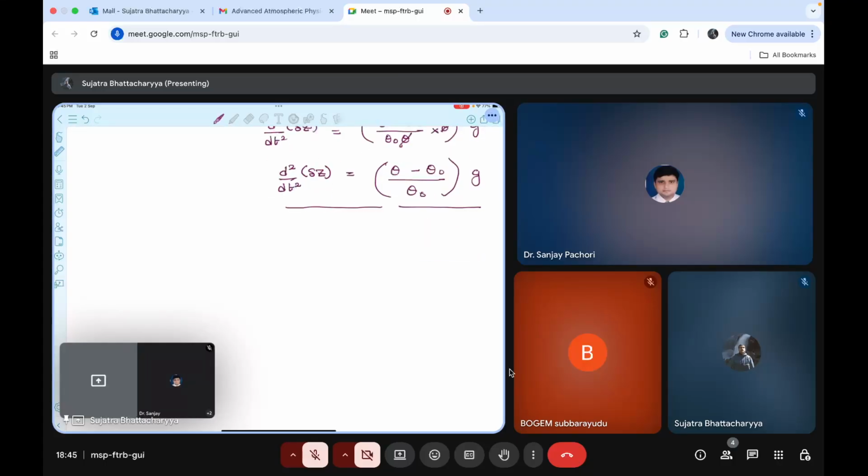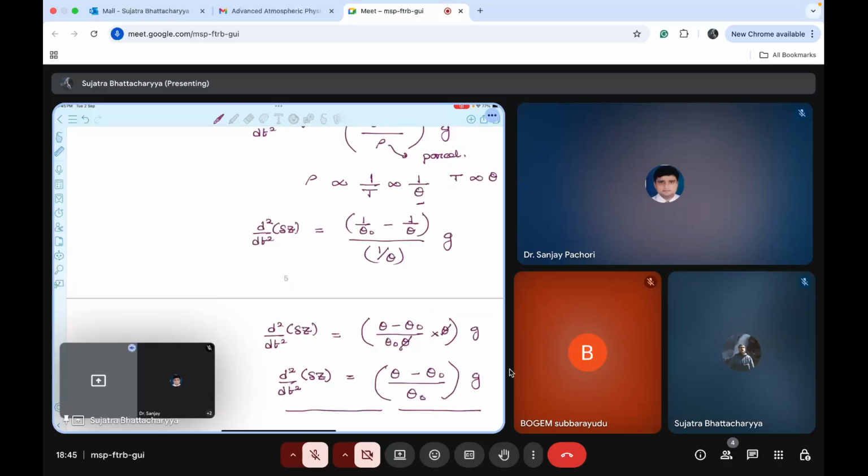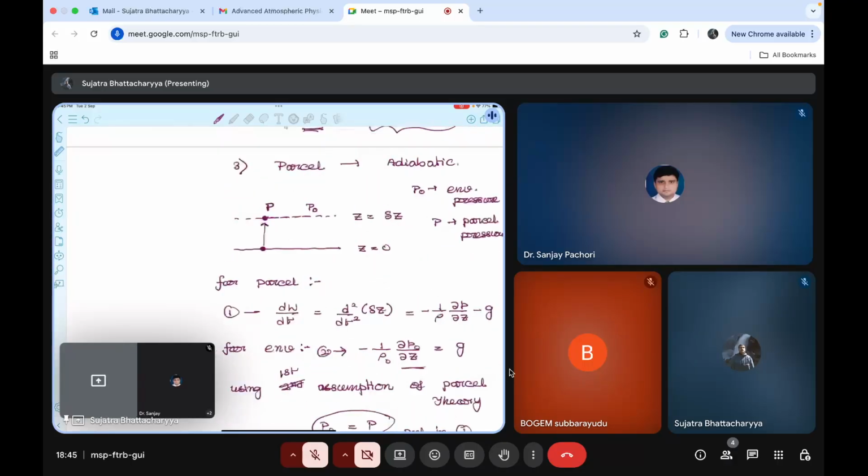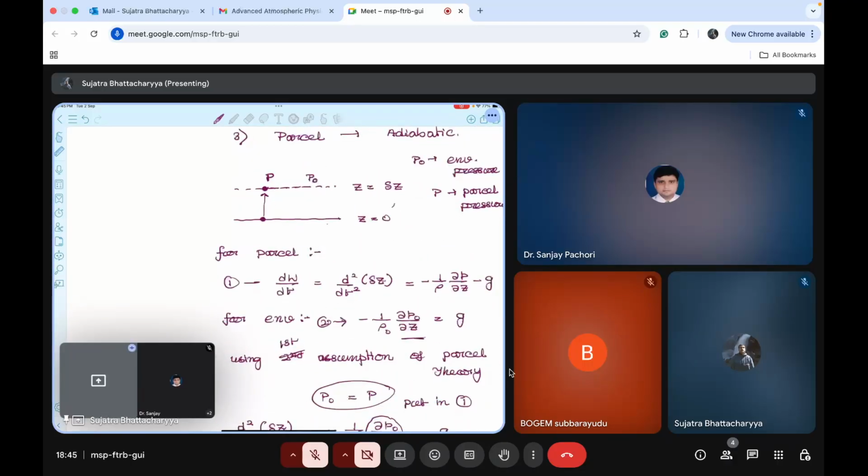Now here at z equal to 0, let the environment's theta be theta naught of 0, and the environment's theta naught at delta z is theta naught of delta z. Because it is the environment, it will vary.